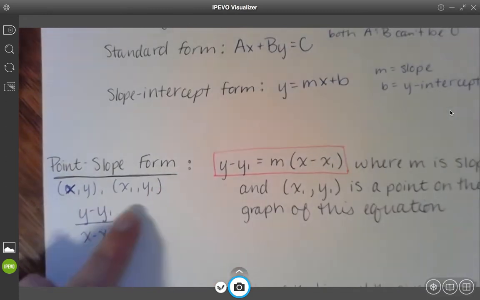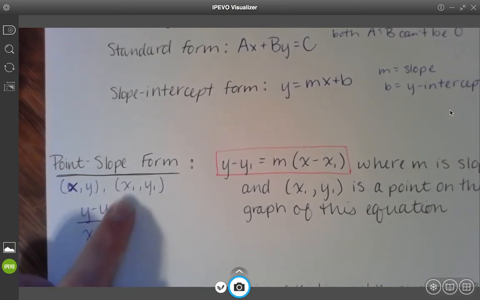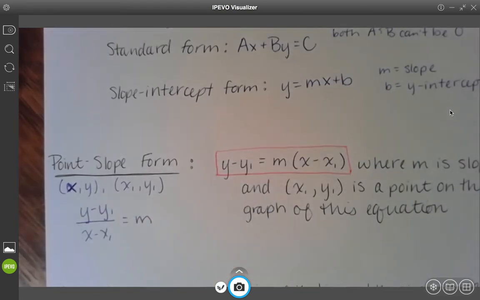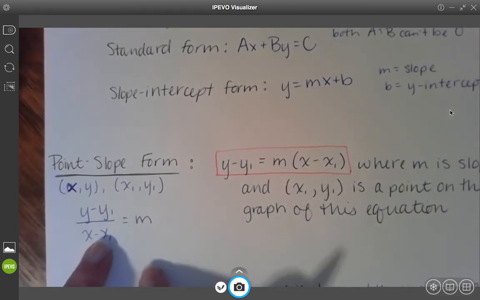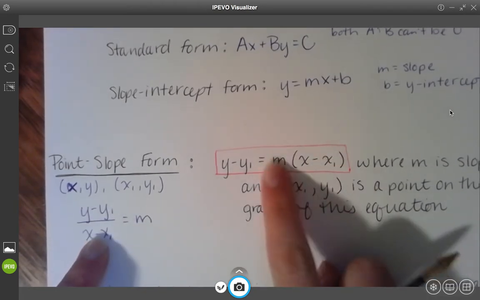If we wanted to find the slope between these two, we do the difference of our y's, this y minus this y, over the difference of our x's, this x minus this x. So this is where this form originates. The equation for our slope is where we get this form.